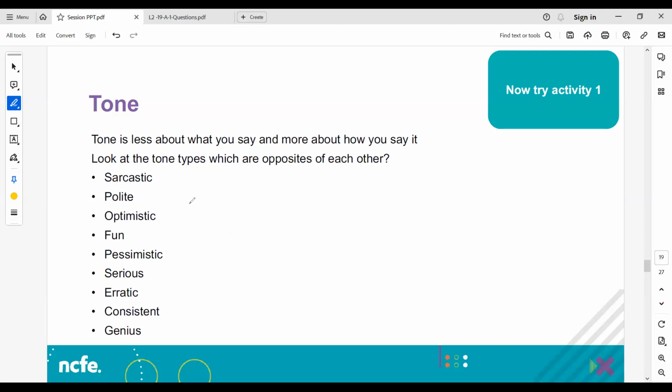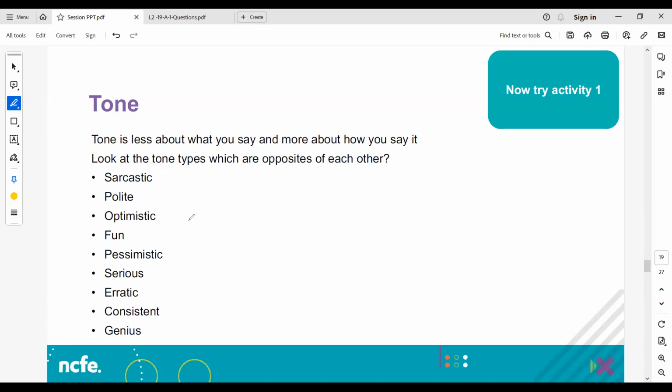I think sarcastic and optimistic. Optimistic. So, right. We have to be optimistic, yeah. So optimistic, its opposite would not be sarcastic as such.